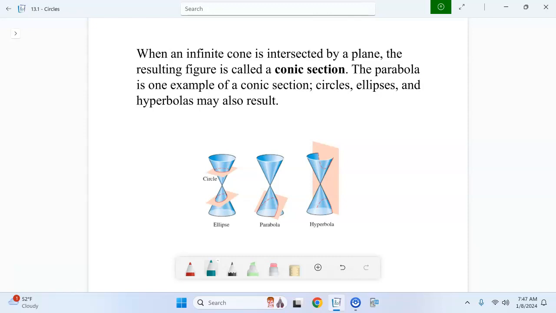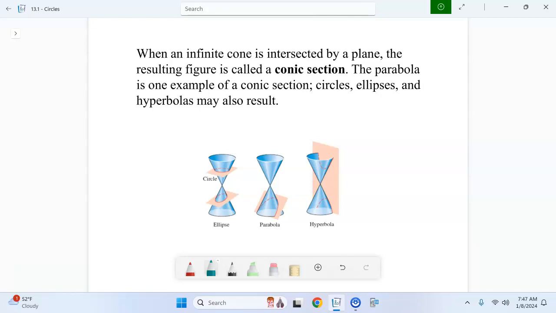If we slant it a little bit, we get an ellipse. If we go through the edge and it extends beyond, that's where we get our parabola. So we're elongating the ellipse so far that it never comes back around. And if we go perfectly vertical, we get what's called a hyperbola, which is just two parabolas facing out from each other. They're going to be symmetrical on an axis. And so these are our four conic sections.